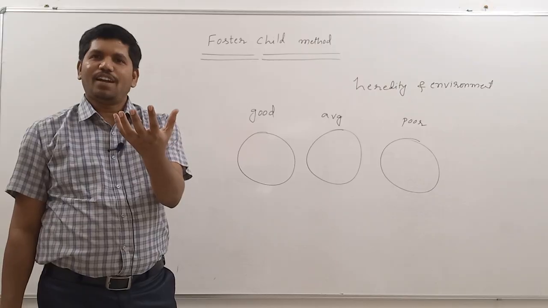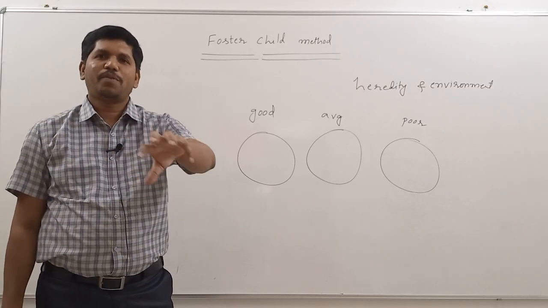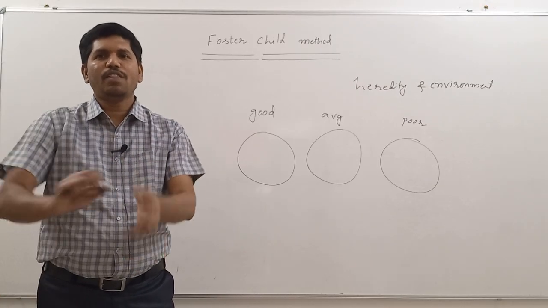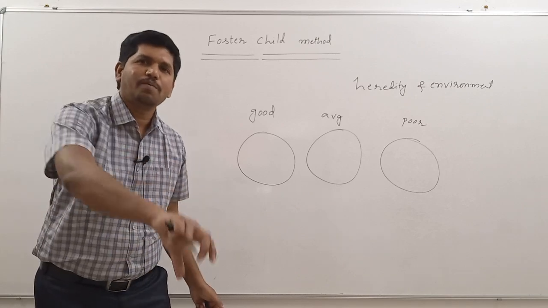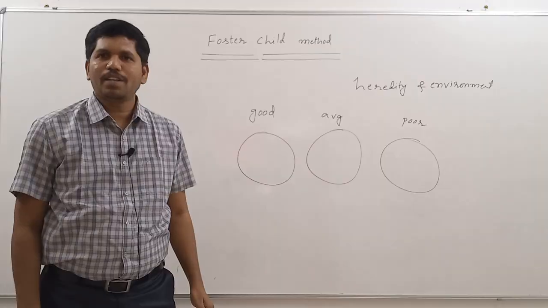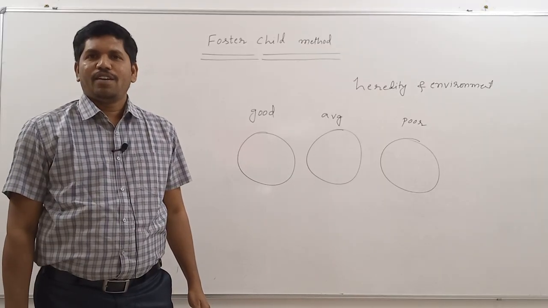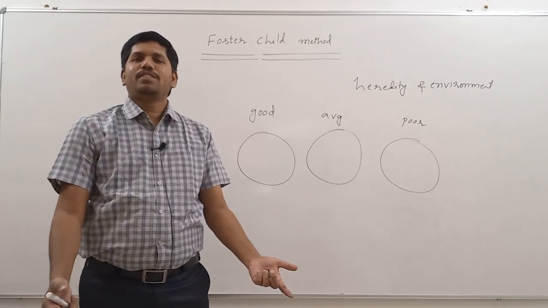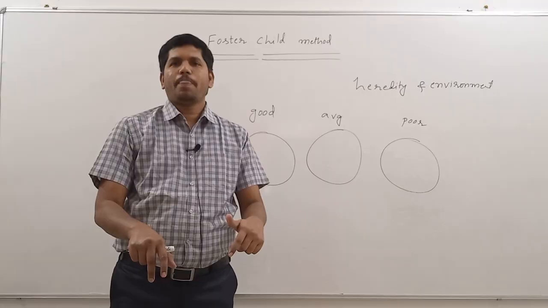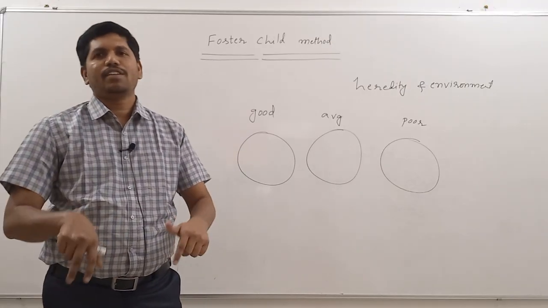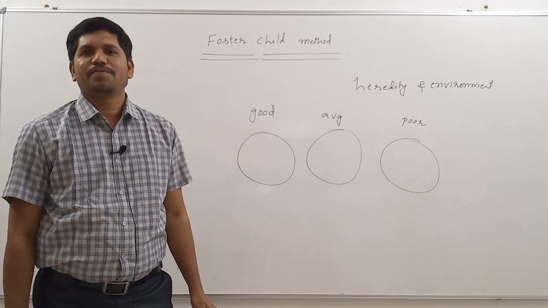Consider a lottery draw. There will be a number of coupons, and all the coupons will be mixed, and randomly one or two coupons will be picked up. Then the underlying assumption is that all the people will get an equal chance of getting that lucky draw.